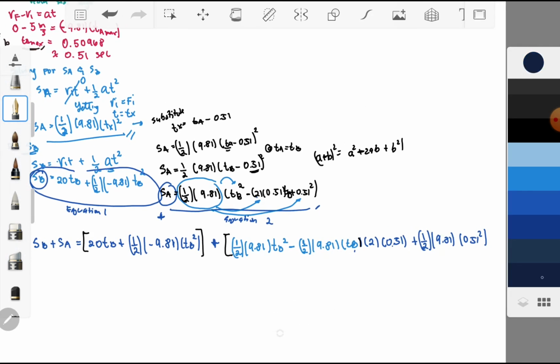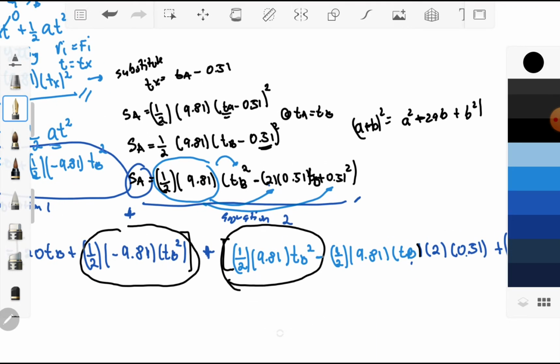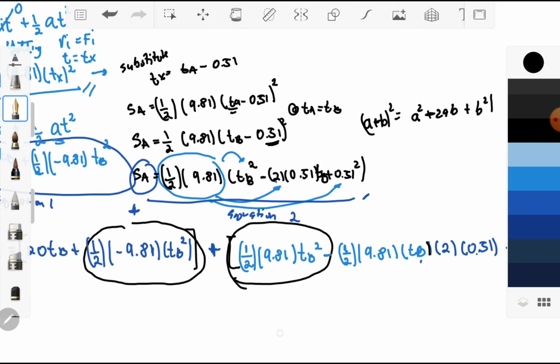Okay, so you see that this term and this term are similar, but they have different signs. Negative and positive, so negative plus positive is always equal to 0. So they are similar, so let's cancel this one, so this is 0.